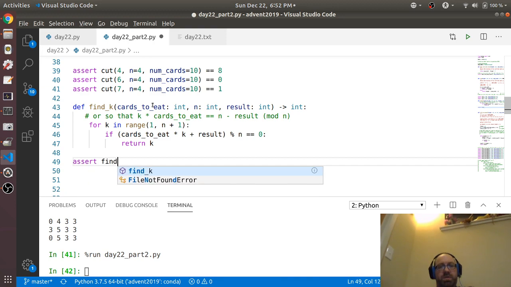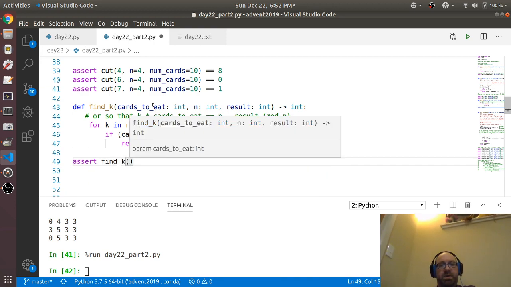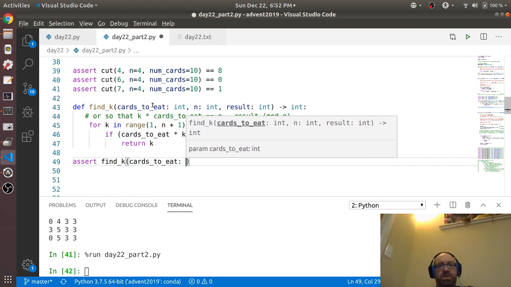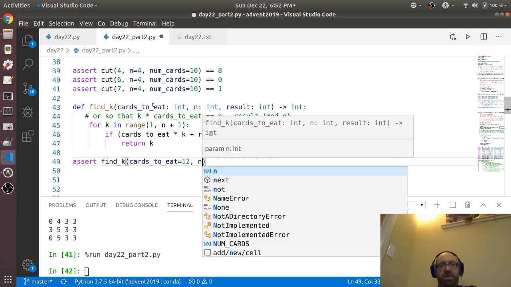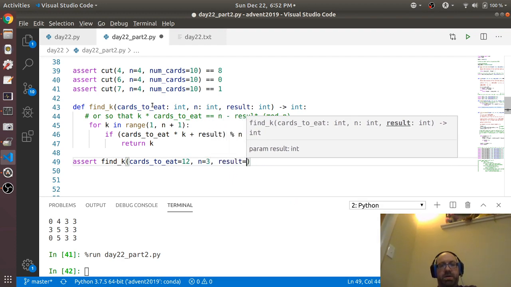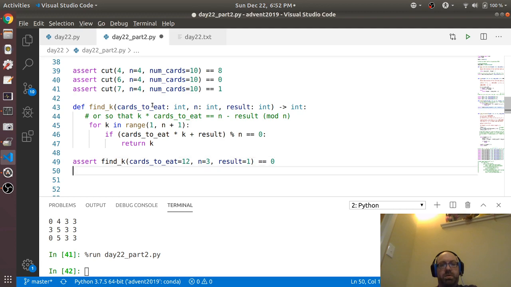So assert that find k of cards to eat, which is 12 in my examples, and n is 3, and result is 1. So that should just be 0, right? No, sorry, result equals 0 should be 0.